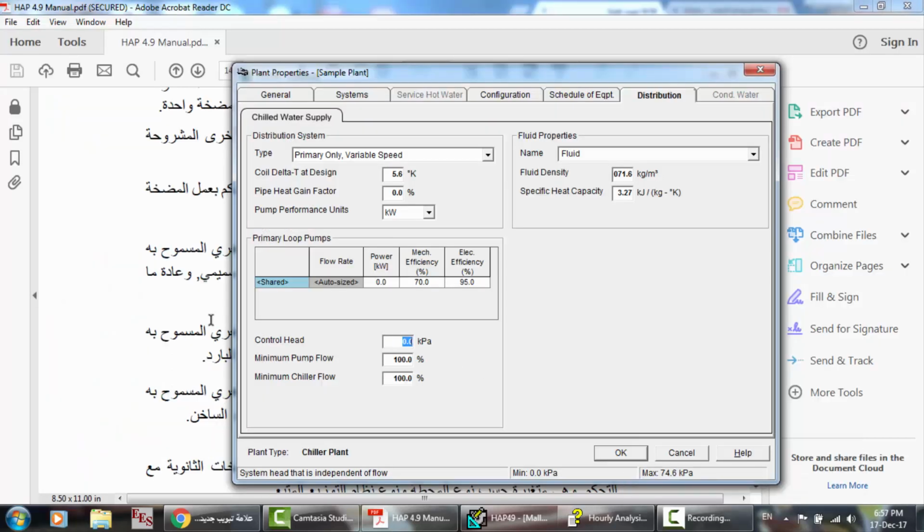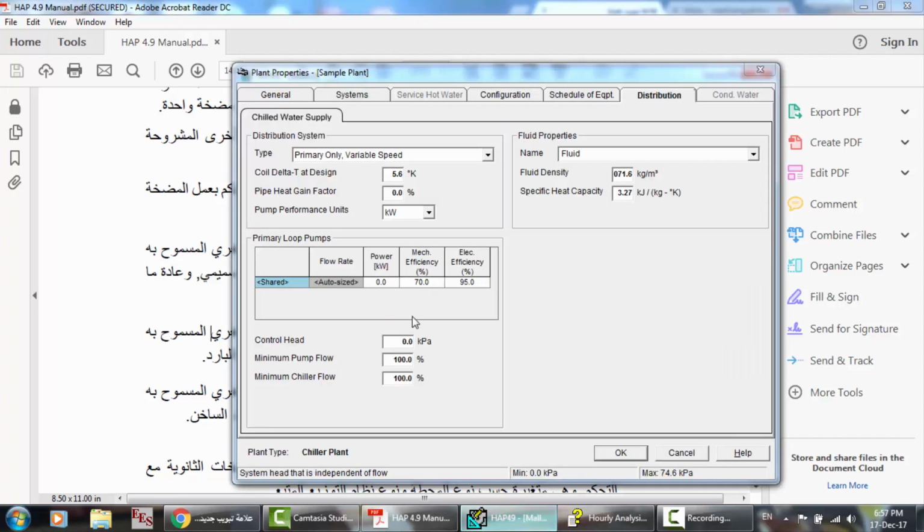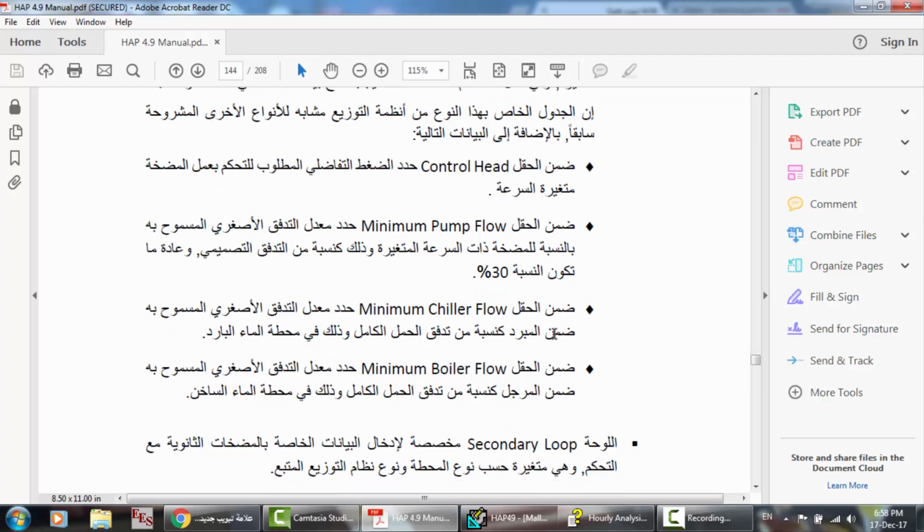For the control head, you have to give the differential pressure to control the variable speed pump. Also, for the minimum pump flow, you have to give the minimum flow that you need to control for the variable speed pump, and this is a percentage of the design flow rate, maybe 30% of the nominal flow rate.